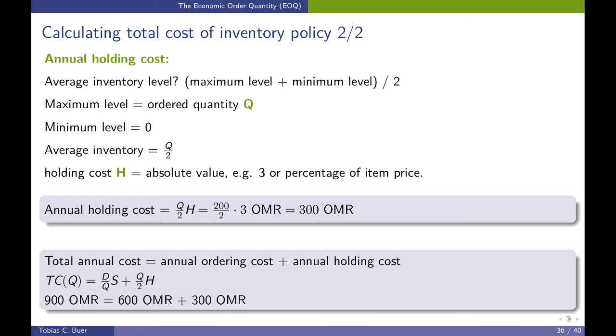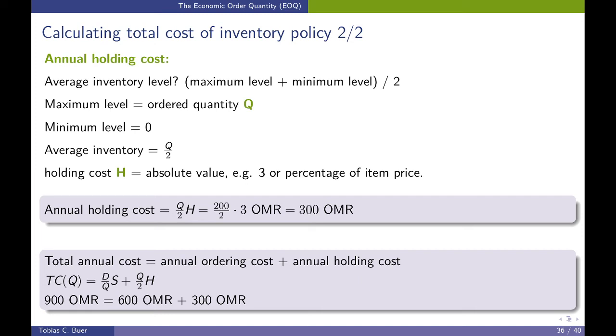The holding costs are here written as a parameter big H. And the holding cost might be an absolute value, for example 3 Omani Rial, but they also can be given as a price, like 10% of the item price. So, to sum up, the annual holding costs are Q over 2 times big H, and here for this example it would be 301 Rial.